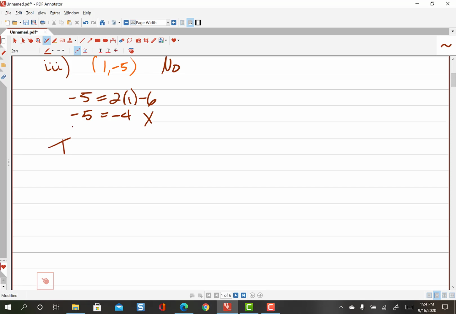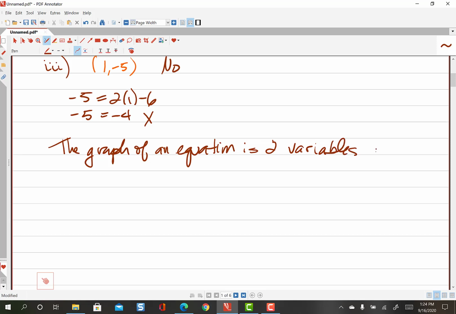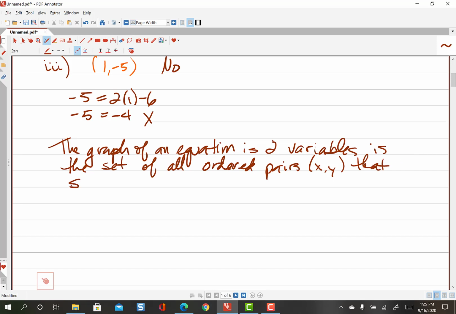We're going to say that the graph of an equation, in 2 variables, so just x, y, 2 dimensions here, is the set of all ordered pairs, those are our xy pairs, that satisfy the equation.